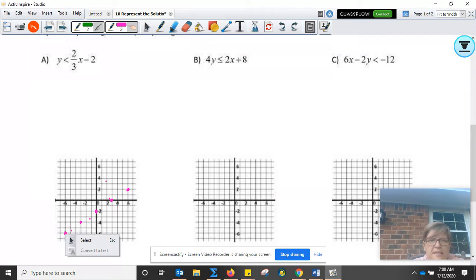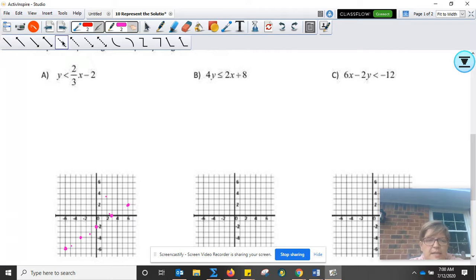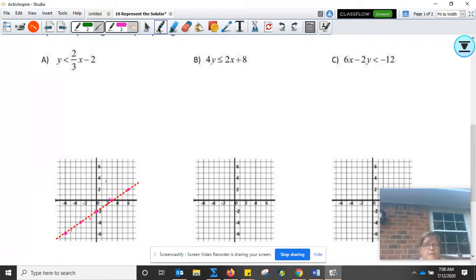All right, and since that's less than, it's going to be a dashed line. So I'm going to put my dashed line up here, and let's make my dashed line black. Okay, it's saying less than, so go to this graph, and less than is going to be down.